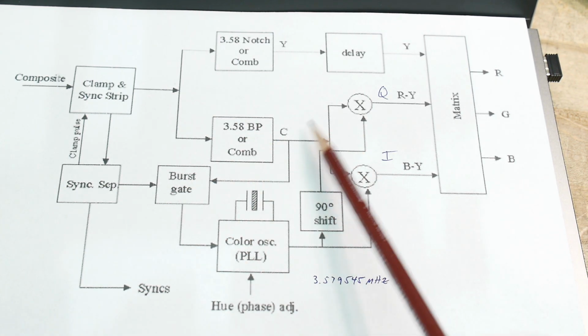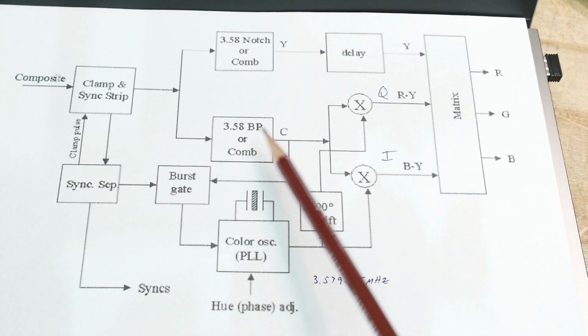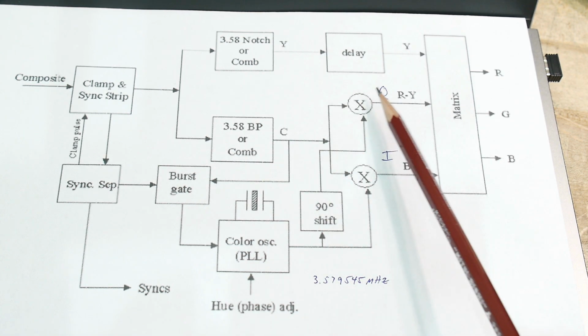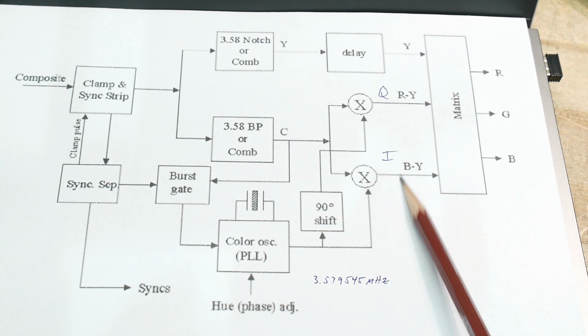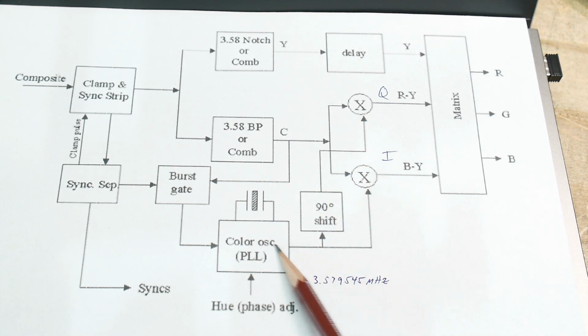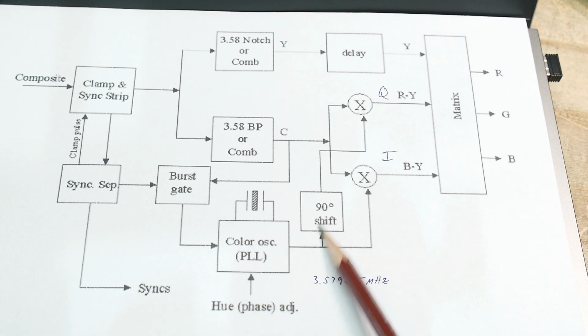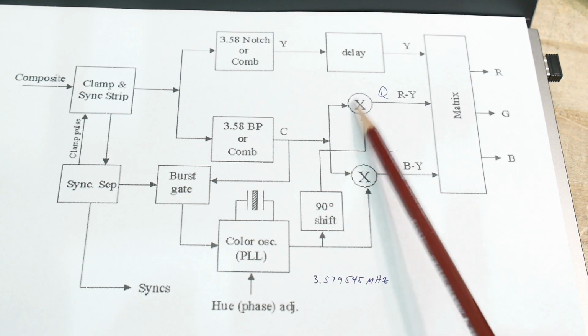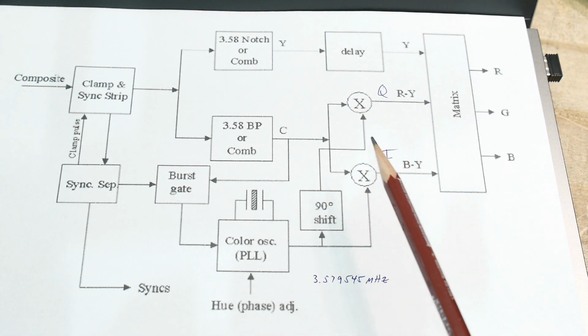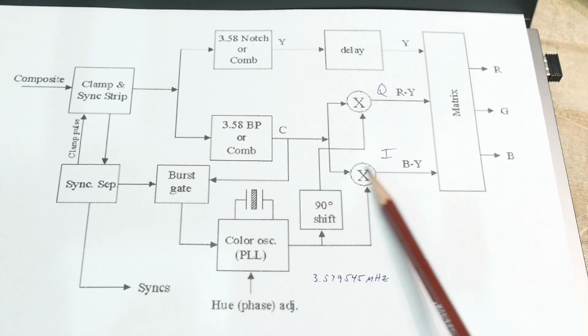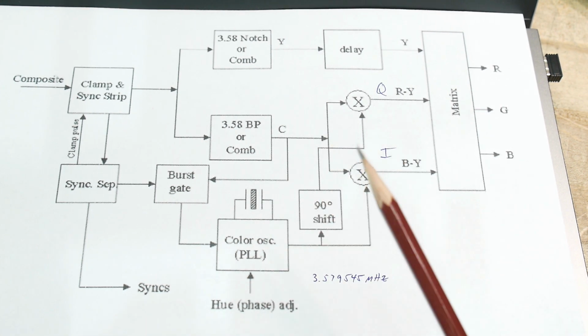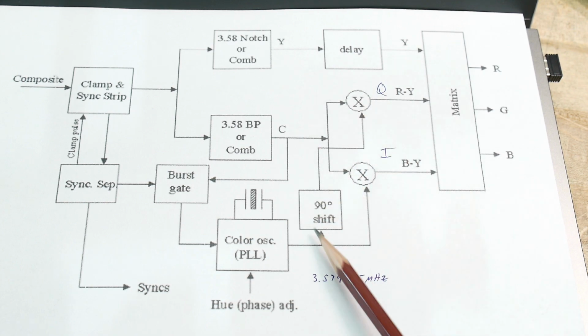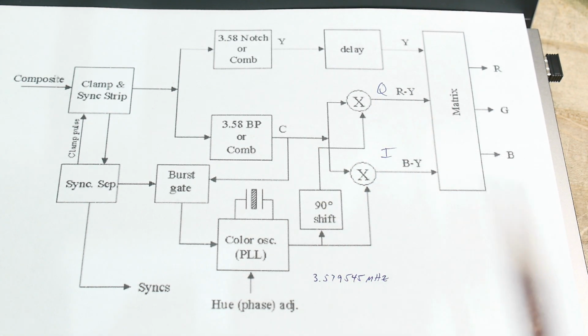And you're going to do that two different ways. You're going to do it once regular, which is this one, and then that has this phase lock loop going directly into the mixer. You're going to shift it by 90 degrees and send it through this mixer. So you're going to mix it once with the regular signal, and you can mix it a second time with a phase shifted signal, and you're going to get two signals.